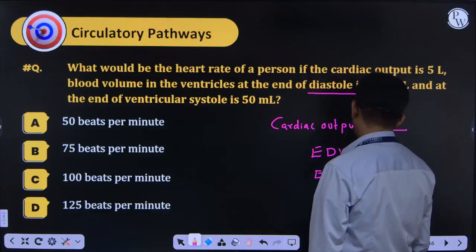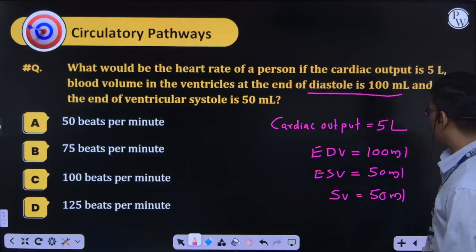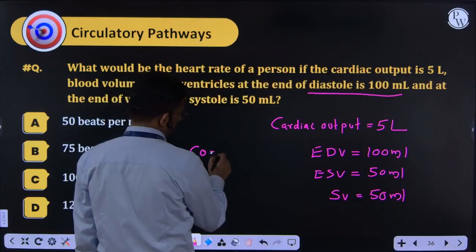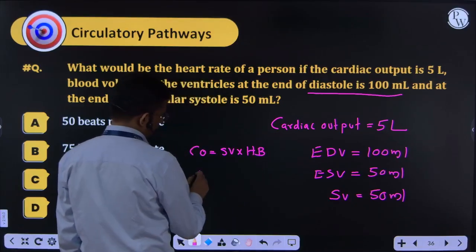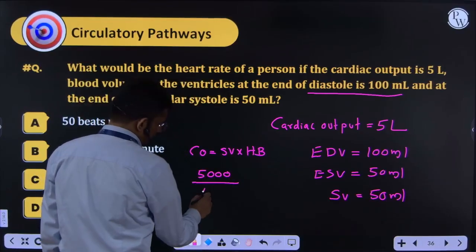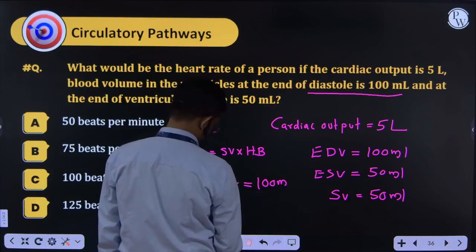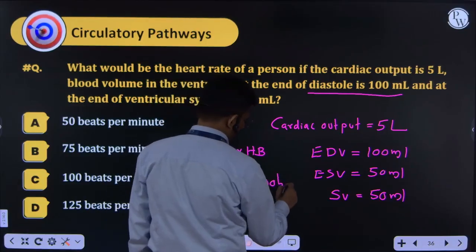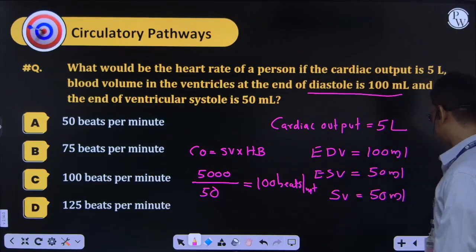Stroke volume is equal to end diastolic volume minus end systolic volume, that is 50 ml. Cardiac output is stroke volume into heart rate. Cardiac output is given 5000 ml. Stroke volume is given 50 ml. So from here we can calculate the heart rate: 100 beats per minute.